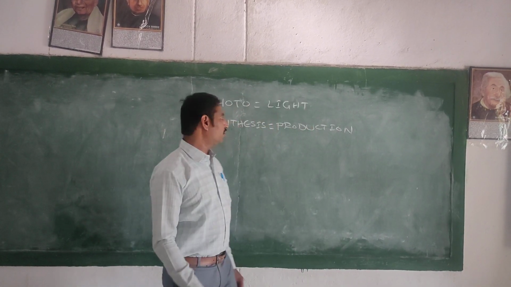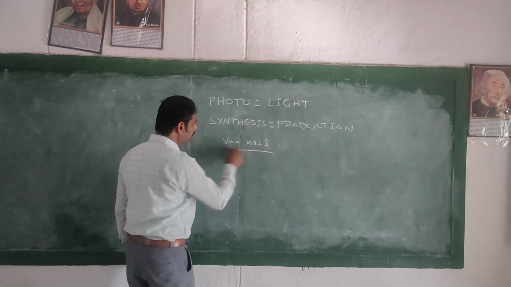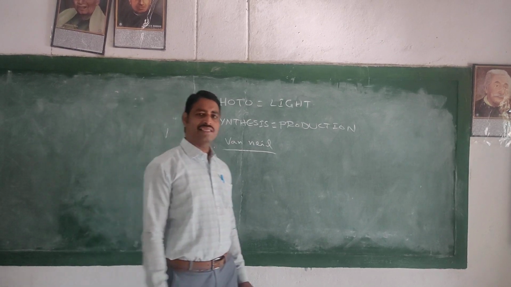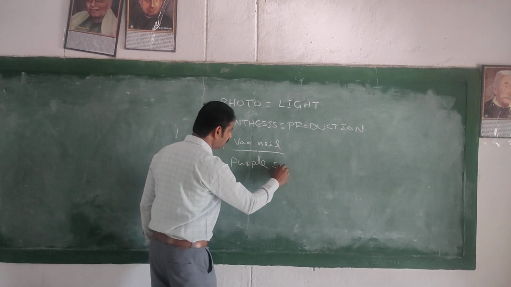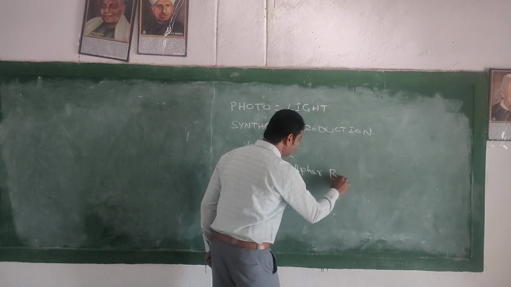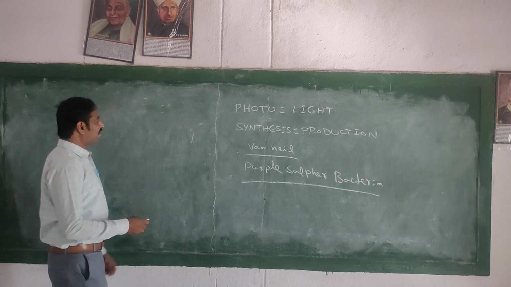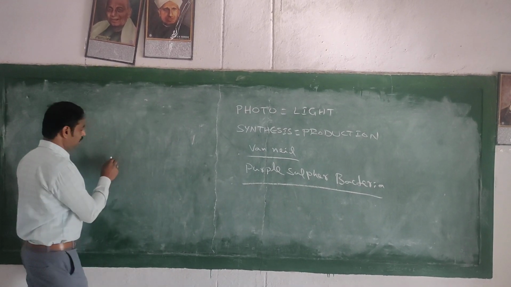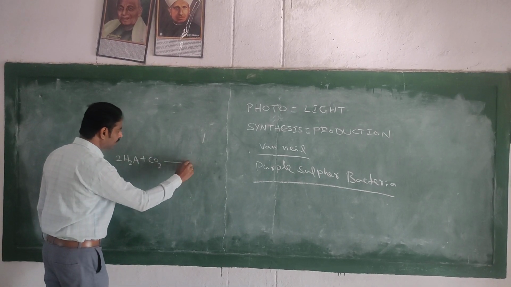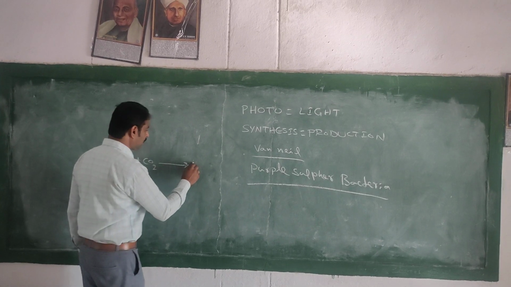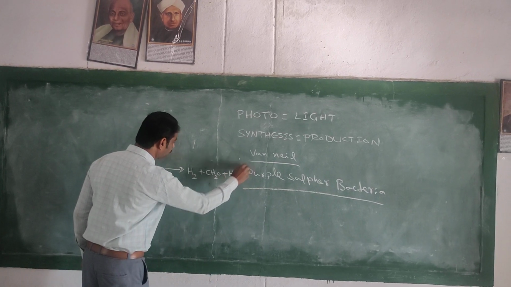At first, Van Niel is the scientist who did research on purple sulfur bacteria, and the equation formulated by him is 2H2A plus CO2 gives rise to 2A plus CH2O plus H2O.